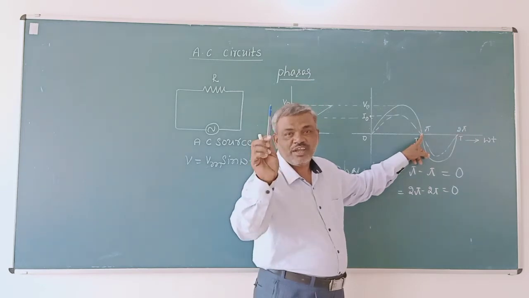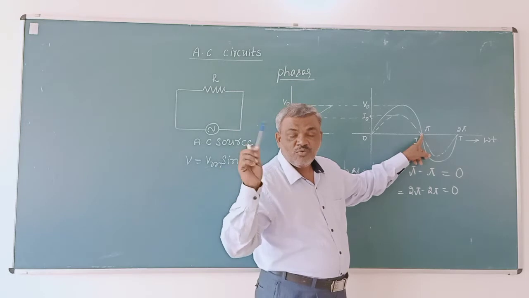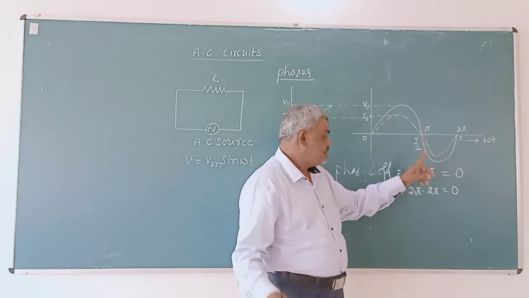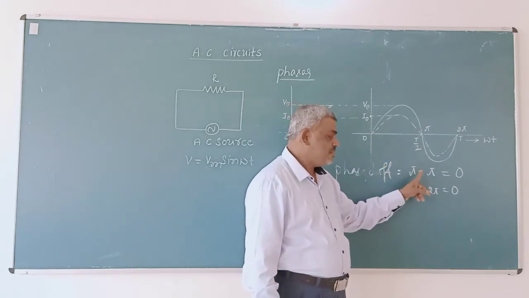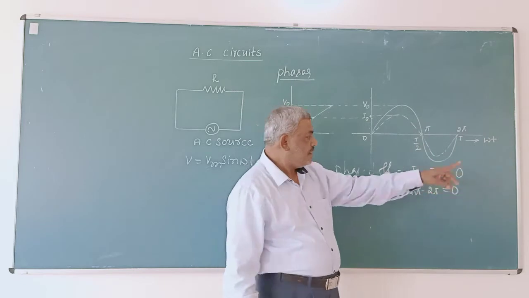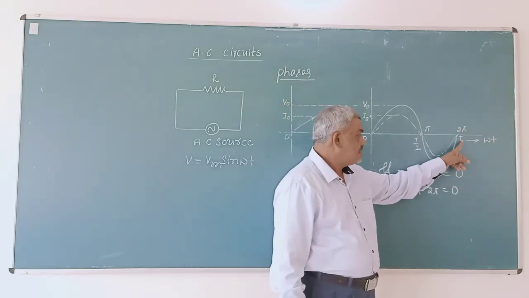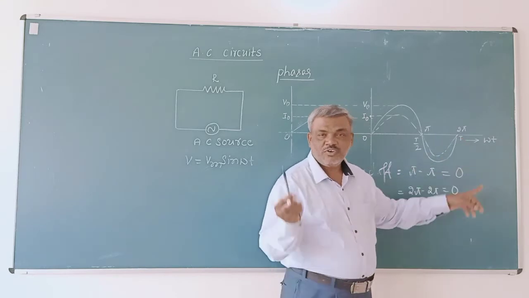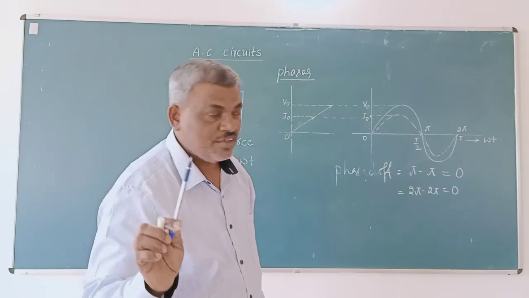Pi, both for current and voltage. Therefore the phase difference between voltage and current in a pure resistor is pi minus pi equals 0. And at 2 pi also, current and voltage are in the same phase at the same time. So totally, the phase difference between voltage and current is 0.